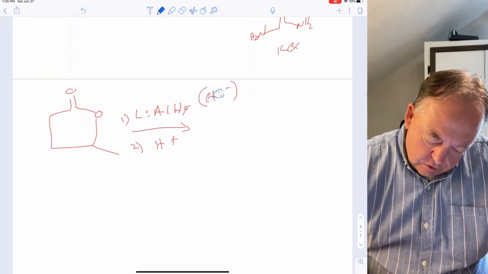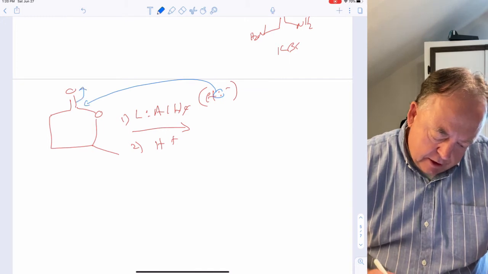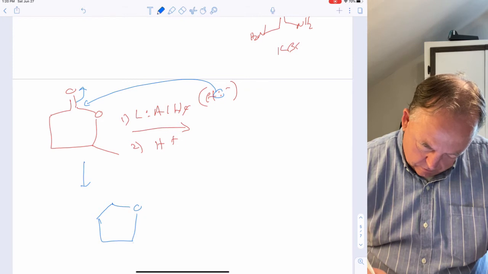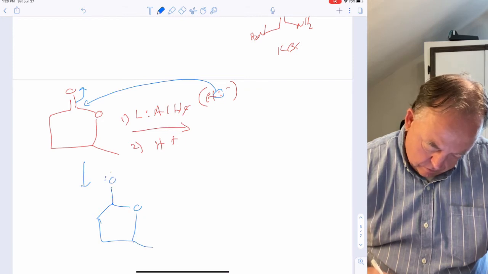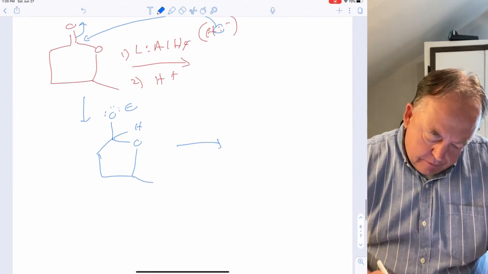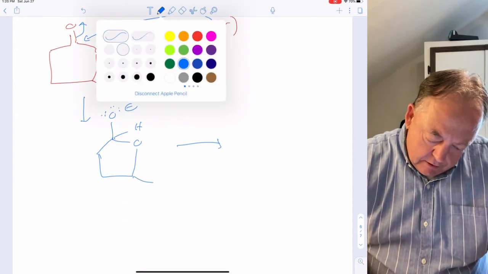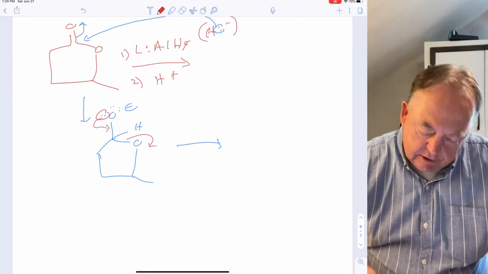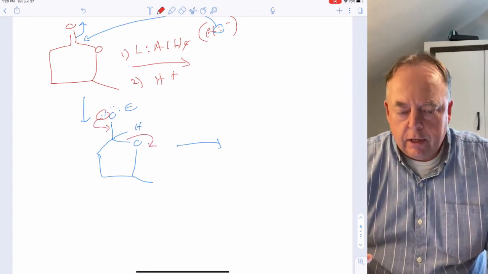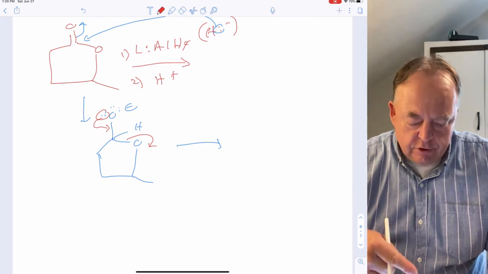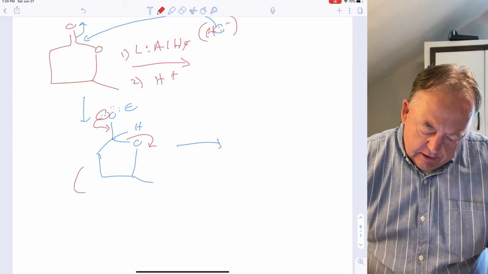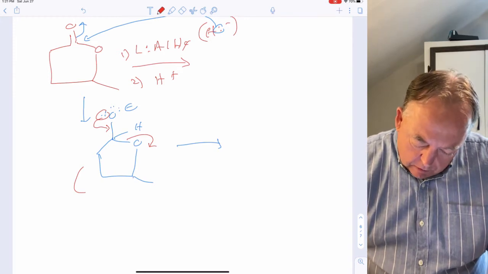All right, so first one's going to come in, initially break the double bond. Right, but then you're going to remake the double bond. And in this case, the OR group is going to leave, but it's going to remain tethered to the molecule because of these CH2s in the back. So you're going to remake the double bond.